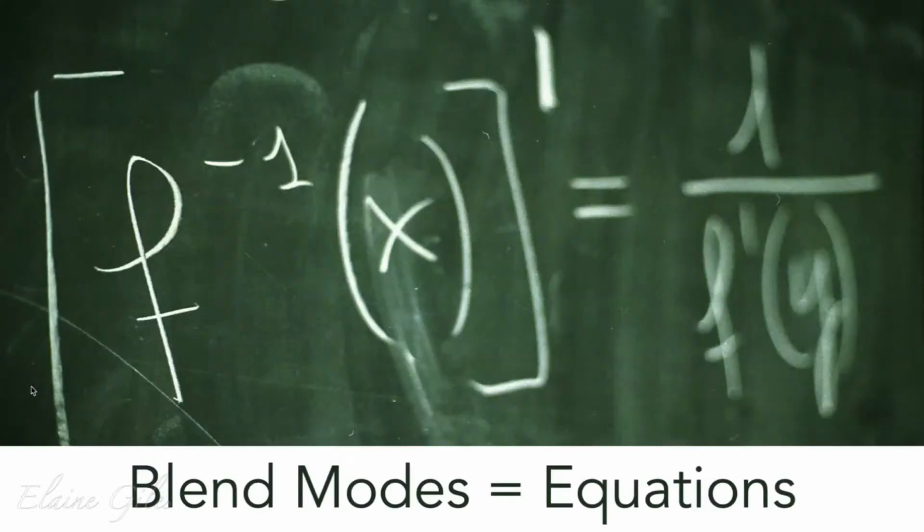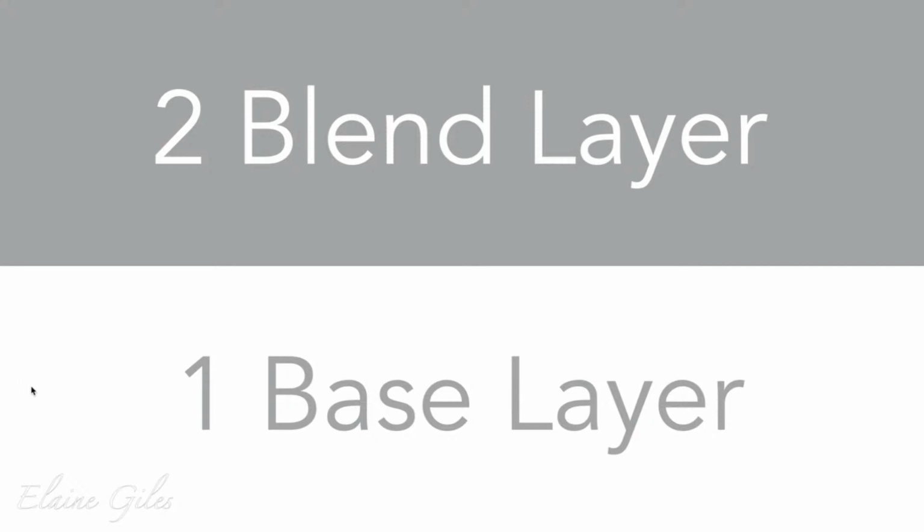But blend modes, they are equations, mathematical formula. But it's not as hideous as it sounds, honestly. Right, concepts that you need to know. For a blend mode to work, you need at least 2 layers, in any image editing application, obviously we're focusing on Affinity Photo.